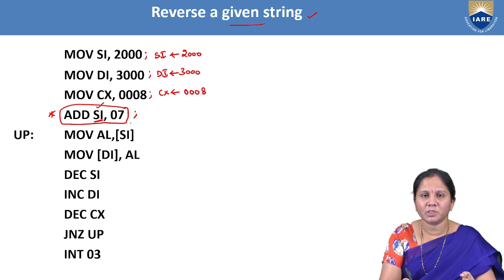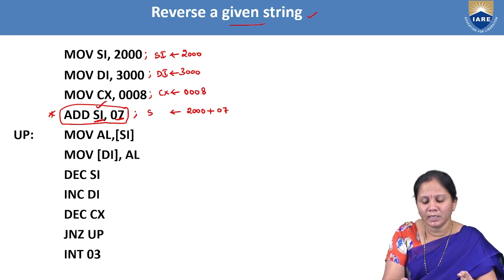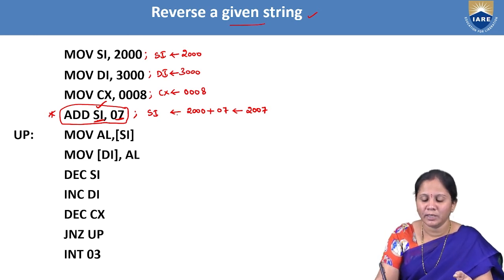ADD destination, source is the general format. Here SI is 2000, so to this 2000, this 07 will be added and it will be stored in the SI register, and that will be the value of SI. This is 2007. Now the value of the SI register is 2007, not 2000.